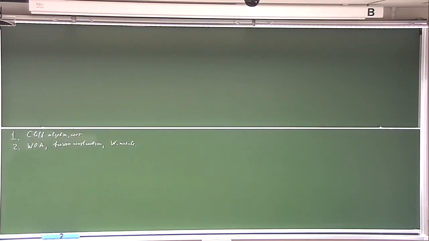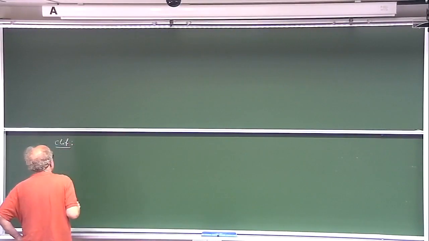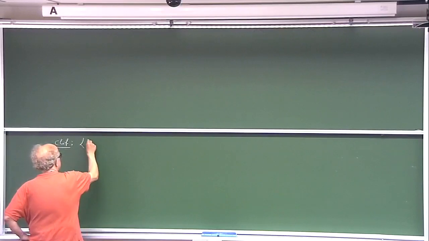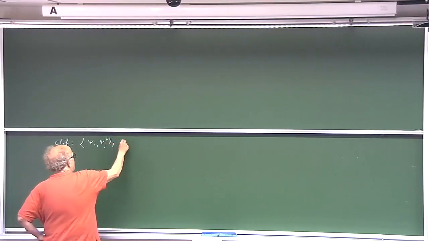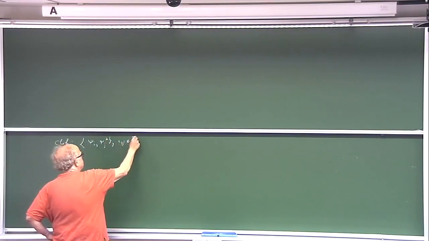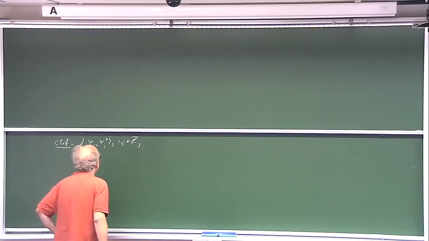I defined Clifford's algebra. And this Clifford's algebra generated by psi_i, psi_j star, i, j belongs to Z. And I recall that all elements skew commute.